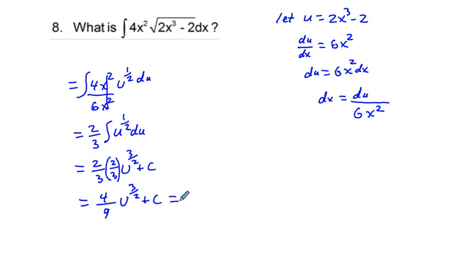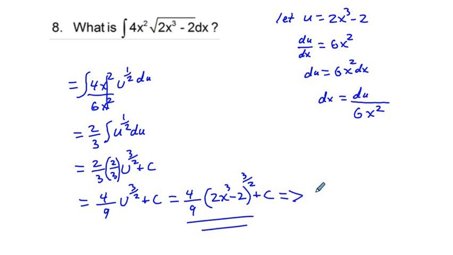And just working ahead, substituting back in, we're going to have 4/9 times 2x cubed minus 2 to the 3/2 power plus c. And we can keep it there as a correct answer.